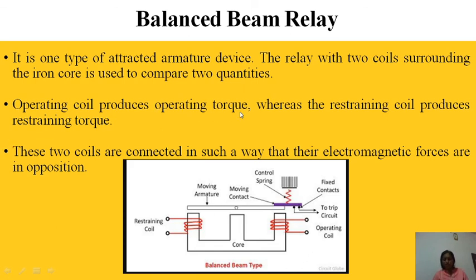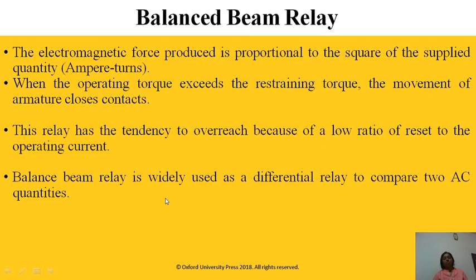The operating coil produces operating torque, whereas the restraining coil produces restraining torque. These two coils are connected in such a way that their electromagnetic forces are in opposition. The electromagnetic force produced is proportional to the square of the supplied quantities, either voltage or current. Generally we use current.